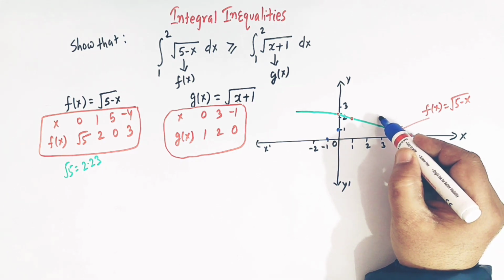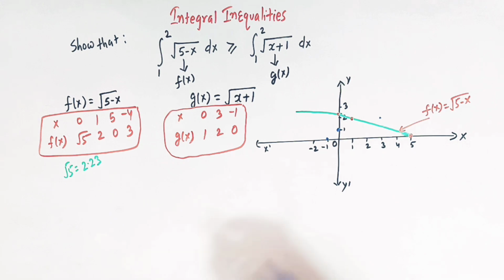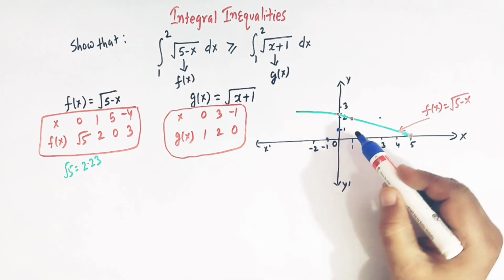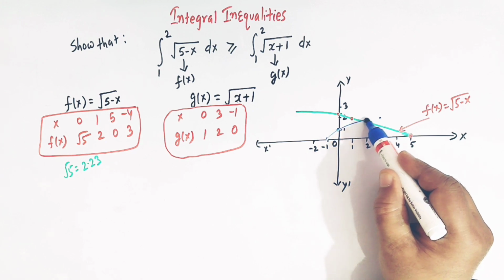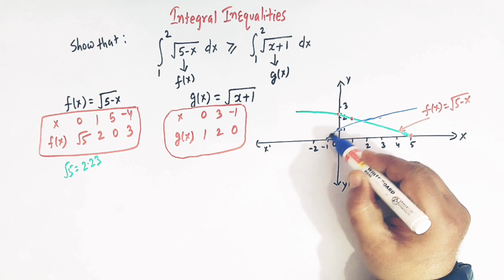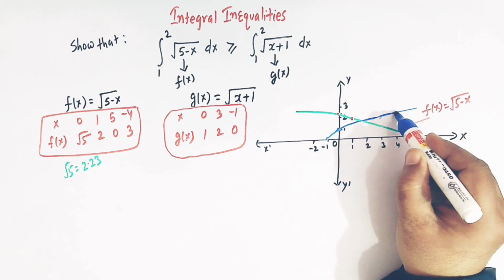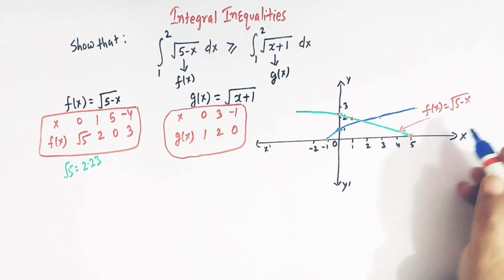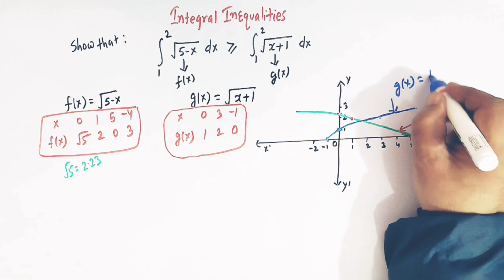This point lies somewhere here, right? Okay, so now we can draw the graph of g of x. The graph goes like this, right? So this is the graph of g of x, that is square root of x plus 1.